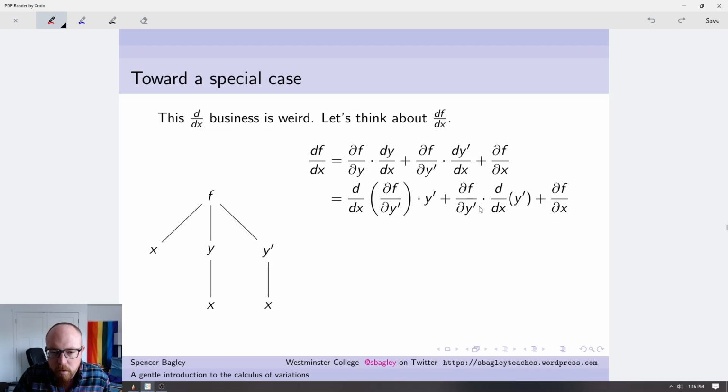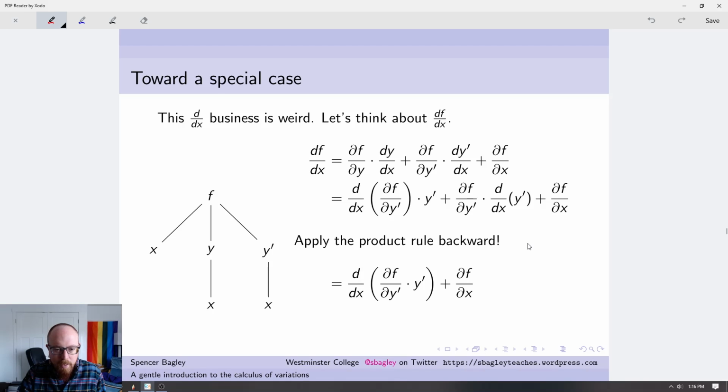I've got the derivative of a thing times something else, and then I've got the thing times the derivative of the something else, which sounds to me a heck of a lot like the product rule, except I'm going to apply it backwards. And so here is what I get. That is just the x derivative of this thing times this thing. So that's cool. And then I just have this partial of f with respect to x trailing out here. All right, so then if I just subtract this term over, I end up with this equation, which I think you can see is true.